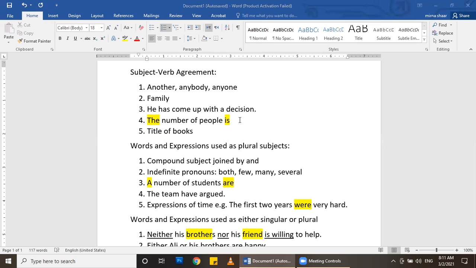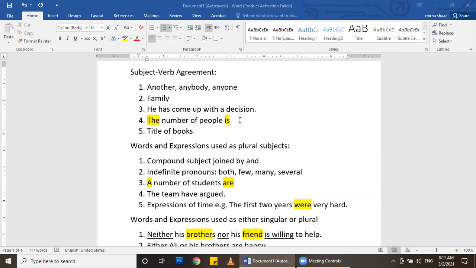The fifth rule is that when you have the title of any book, let's say the title of our book is Stars, even if it's a plural, since it's the title of one book, you always consider it as singular. Like when I ask you to open your book Stars, I mean one book. Stars is an interesting book.